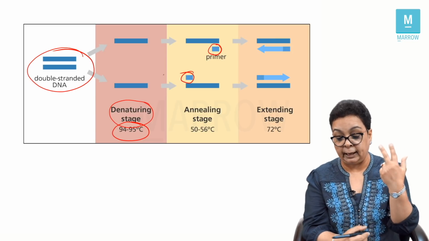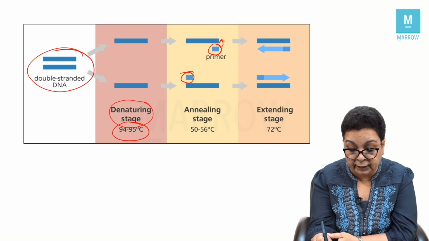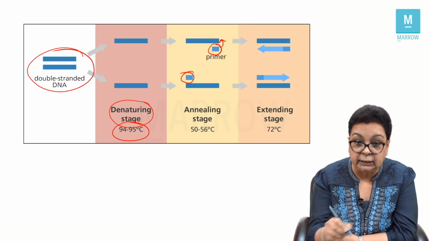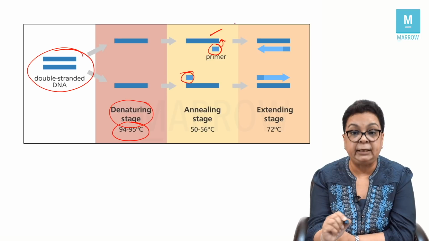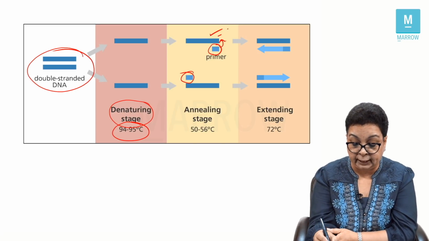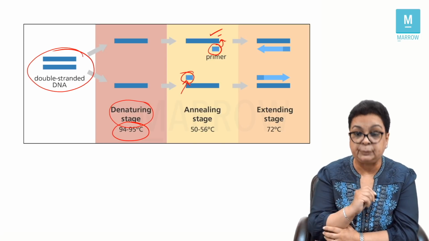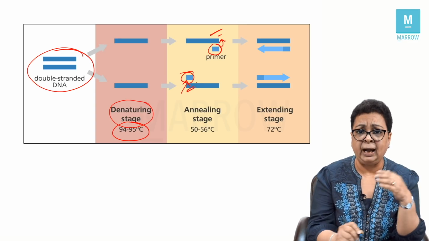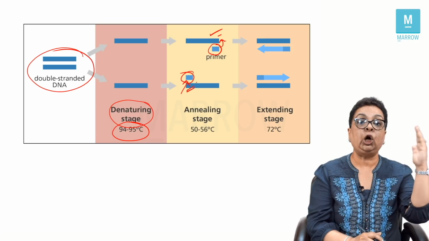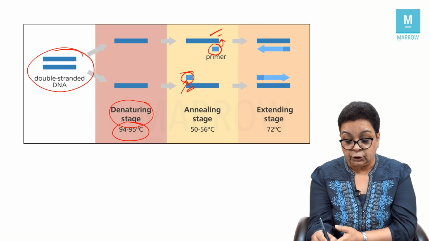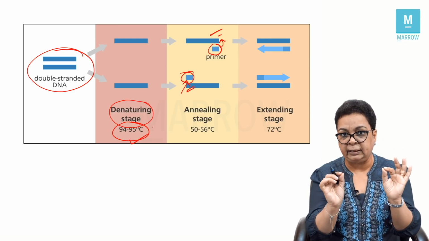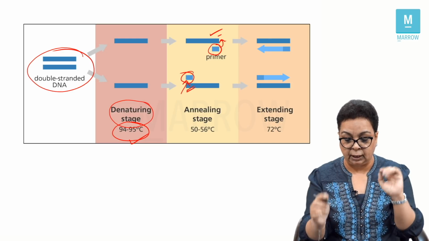Two primers are added, one complementary to the nucleotides present in the initial part of the template DNA on one strand, and the reverse primer complementary to the nucleotides at the end of the template DNA on the opposite strand. So once the temperature has been raised for a specified amount of time, denaturation occurs.